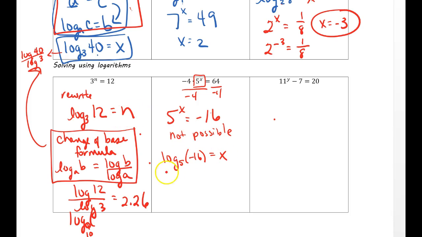We'd type this in as log of negative 16 over log of 5, and I'm thinking it's going to give us a nasty error message or something. I hope y'all have a calculator. If you're just waiting on me to type it in, it's not nearly as much fun, so please be typing in with me. When I type this in, I get non-real answer. There you go, non-real answer.